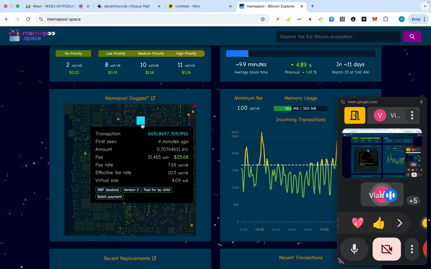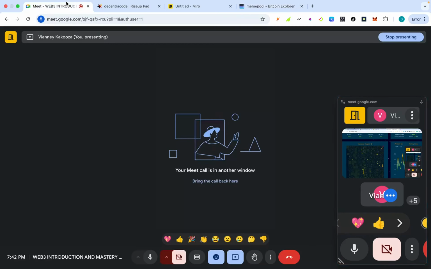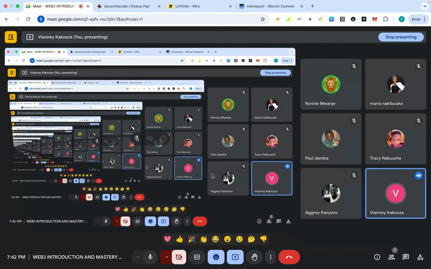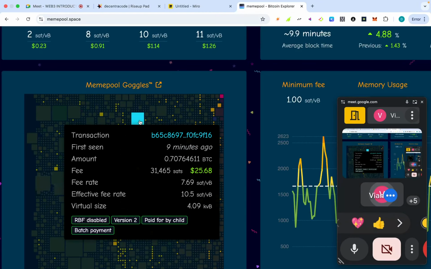You see, there's a transaction here. Can you see it clearly? Can you see this transaction that I just pointed at? Okay. So there's a transaction here of amount 0.7 BTC, and it's costing 25 US dollars in fees.